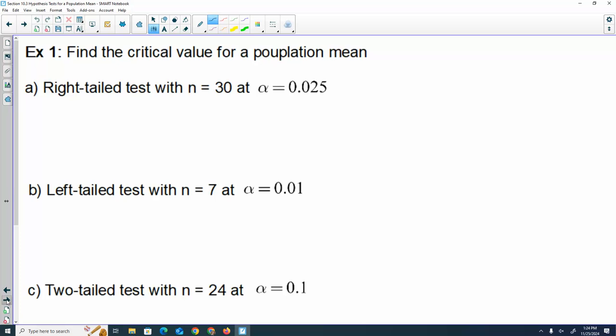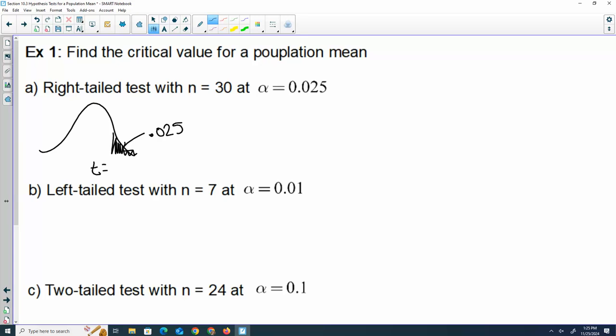If I'm asking you to find the critical value, I'm asking you to find t in each of these scenarios. So, a right-tailed test, right? That means area to the right. That area is 0.025. You have to find the t that matches it.